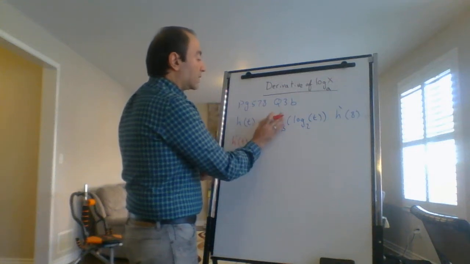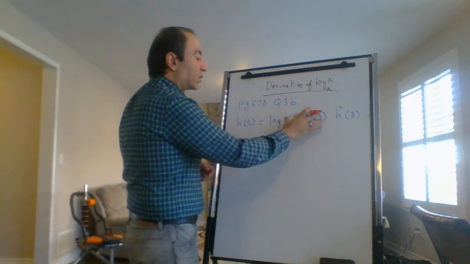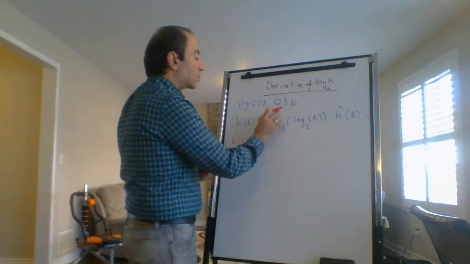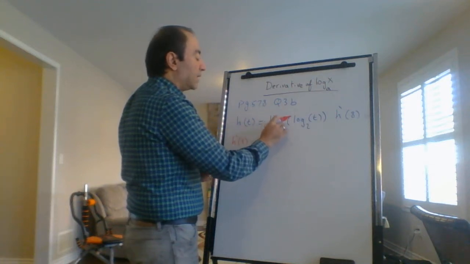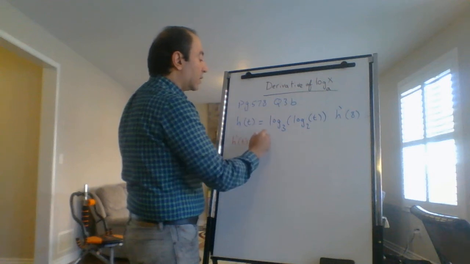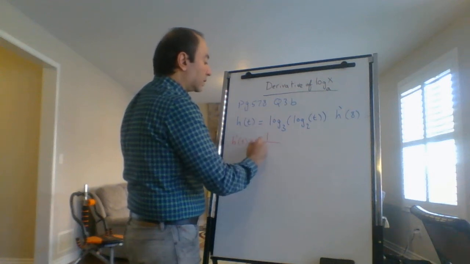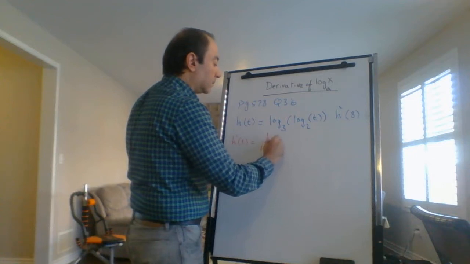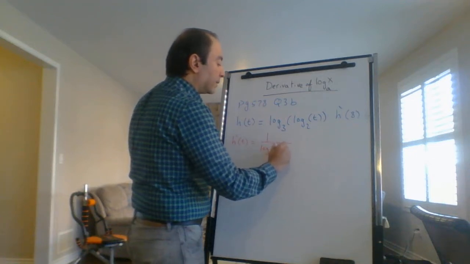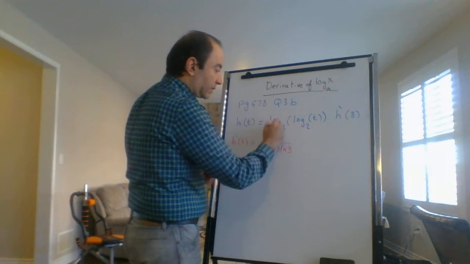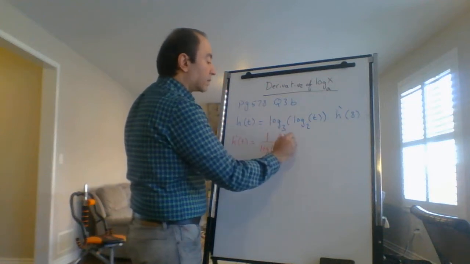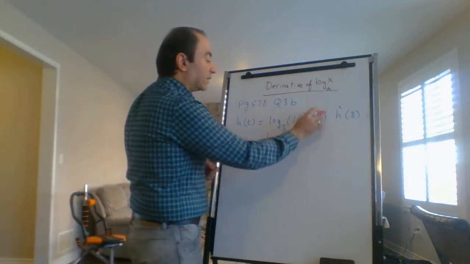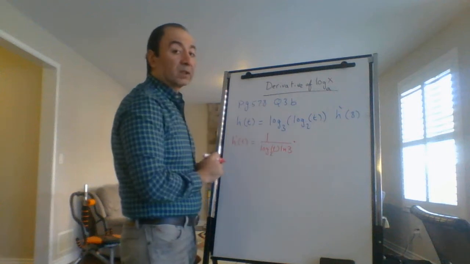the derivative of this function, disregard what's inside here. So the derivative of log base 3 of anything is 1 over that thing ln the base times the derivative of whatever inside.